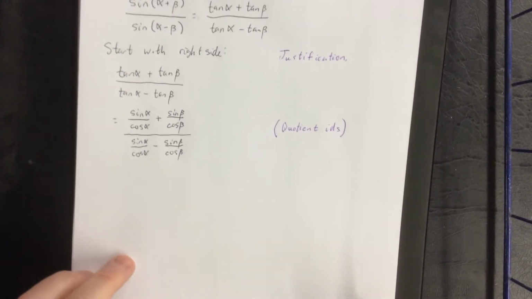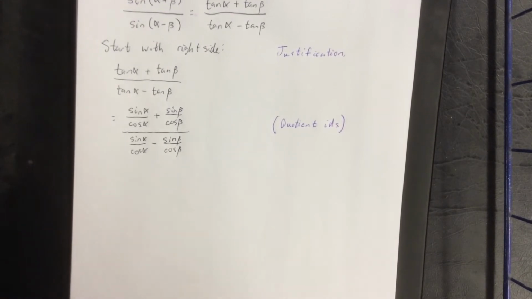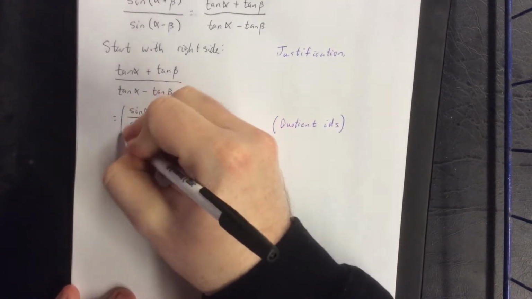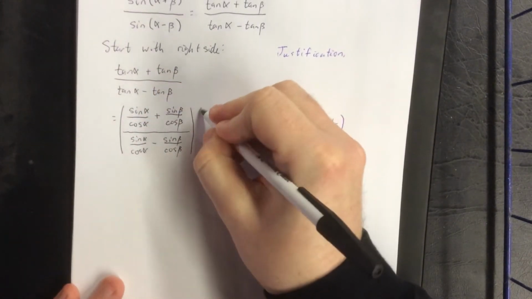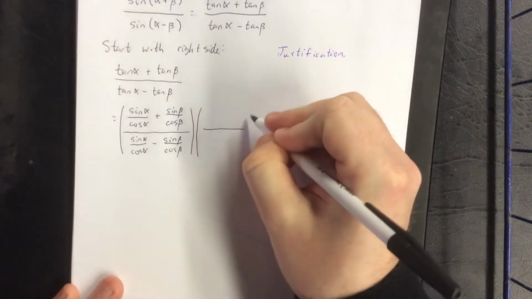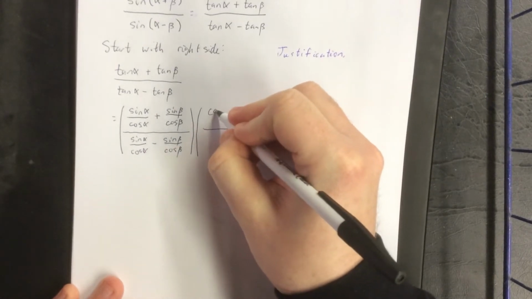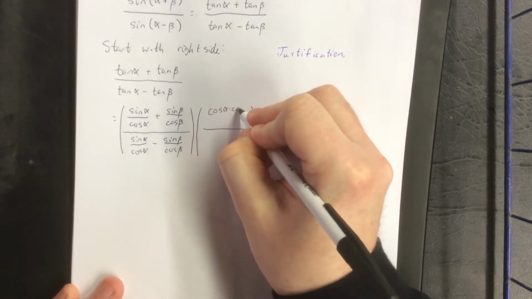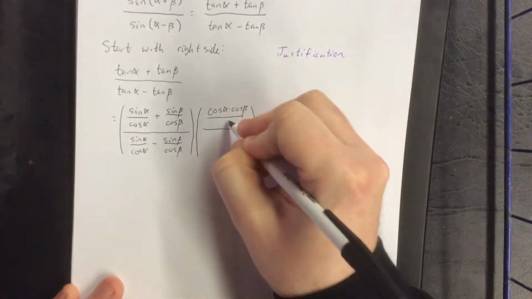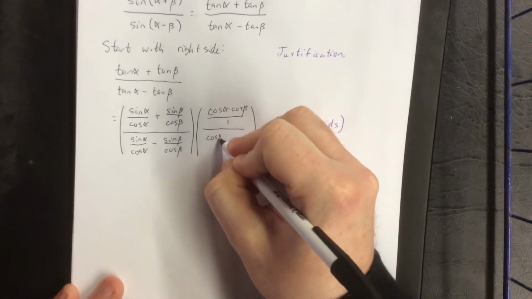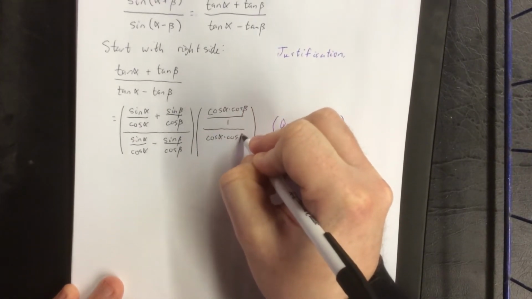Now there are two ways that we can proceed from here, which would be to get a lowest common denominator in the numerator and a lowest common denominator in the denominator, or we could simply multiply top and bottom of the big fraction by whatever that lowest common denominator is. I think I'd like to do that. Lowest common denominator in this case is going to be the cosine of alpha times the cosine of beta.